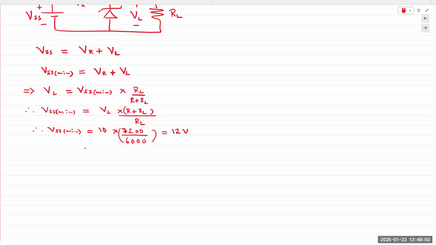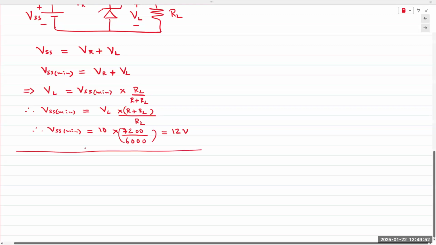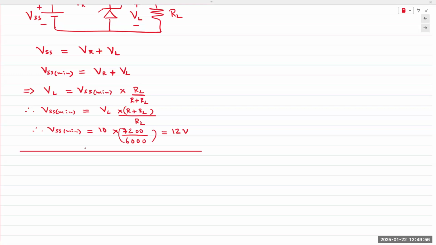Now, the maximum voltage cannot be exceeded, and that's where the Zener power, PZ max, comes into the picture. Because for any extra current or extra voltage coming from the power supply, the Zener acts as a current sink. It has to sink the extra current.